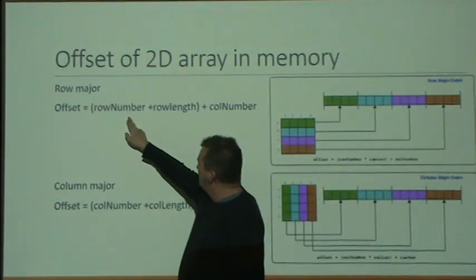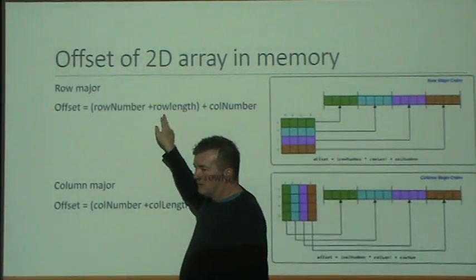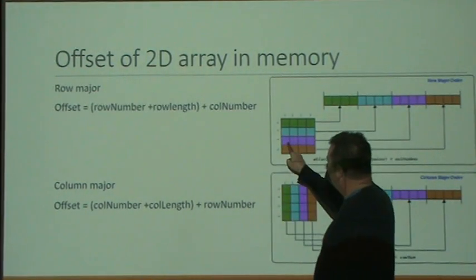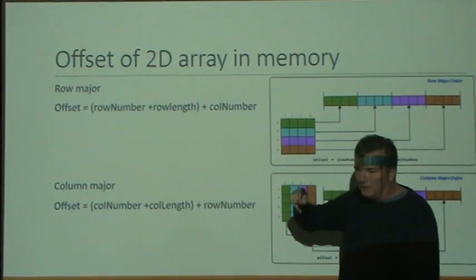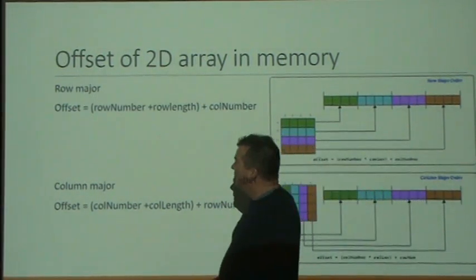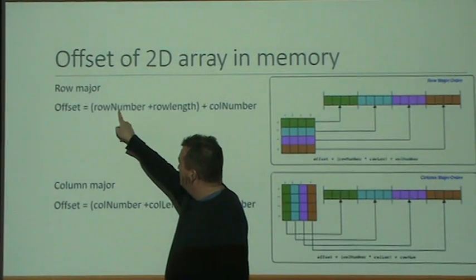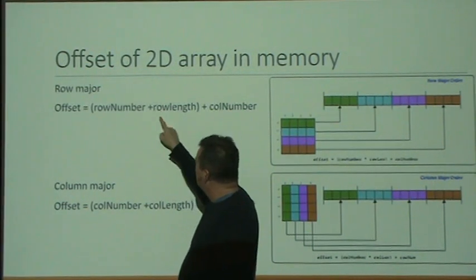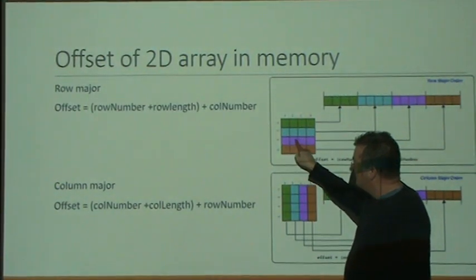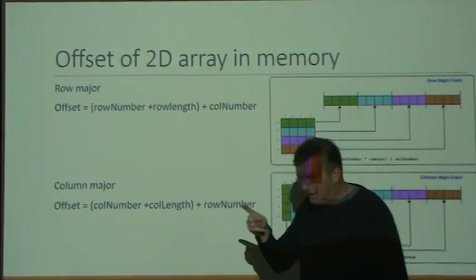So the row number times the size of a row, the row's length, that much stuff is before me. And also, if I'm in column 2, starting at 0, that means there are 2 elements before me. So 2 times 4 is 8, plus the column number, column 2, so that would be 9, 10. So I'd be in position 10.